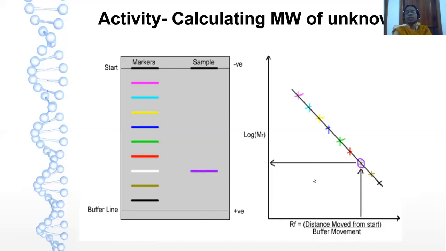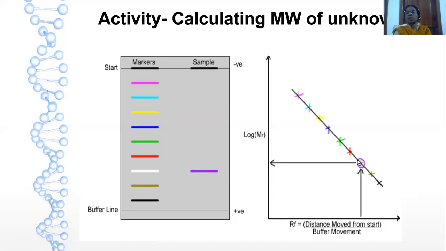So what do we get? We get these points here. You can see a black spot here, which corresponds to the smallest molecule. The use of color makes your job easy. Here this is the second one, the green colored one, and this is the third one, the white one, which corresponds with the violet color one which we have in our sample.